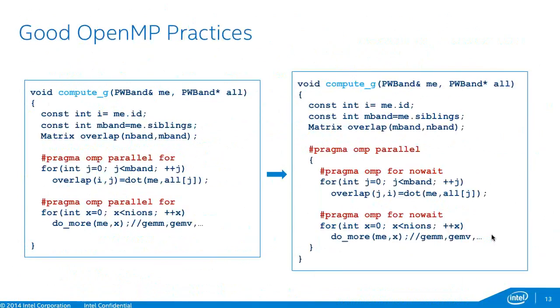So going back to our simplified code, even the very simple things you can do will improve the OpenMP performance. Just a reminder of how important it is to do the right thing. So we talked about adding additional.